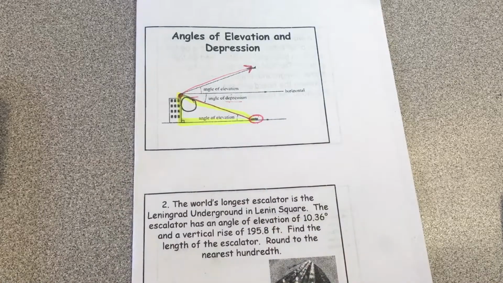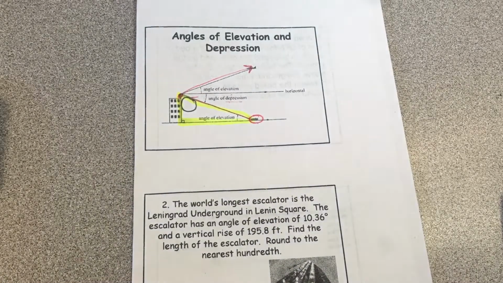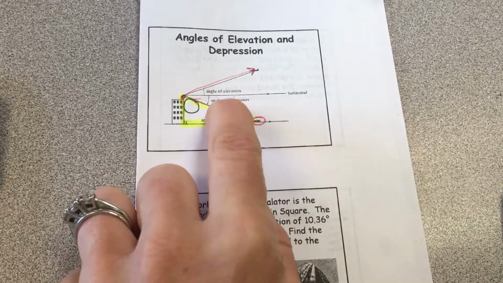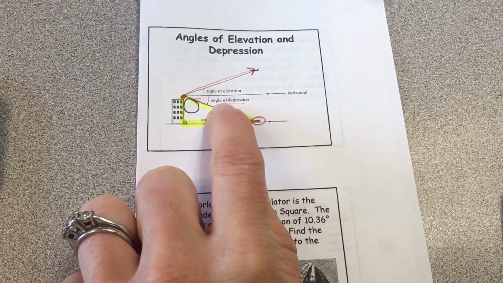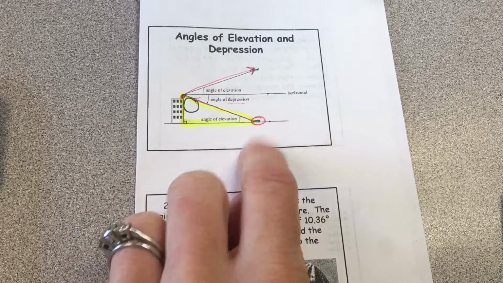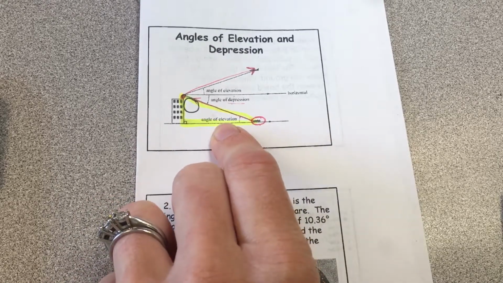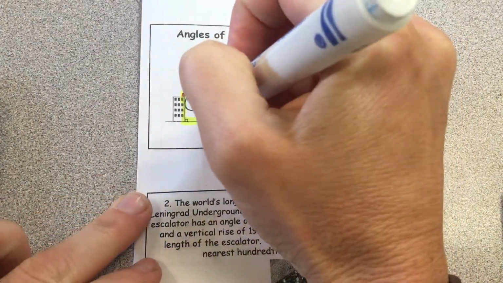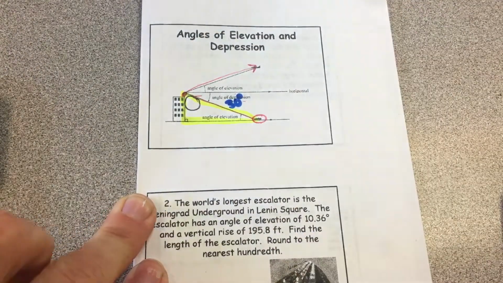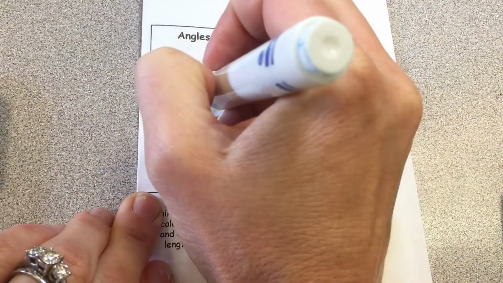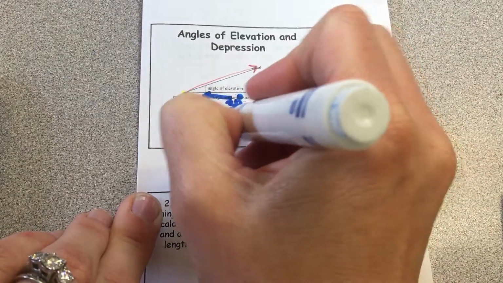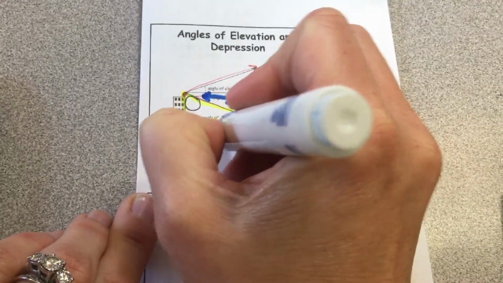Here's the other thing that you need to know that will make your life a lot simpler. If you are looking down, it's called the angle of depression. If you're looking up, it's called the angle of elevation. So they have two different names. But if I tell you that this one is 30 degrees, then you know that this one right here is 30 degrees.